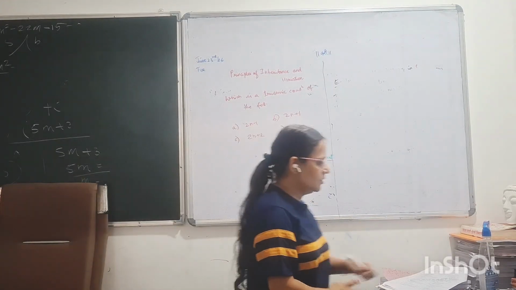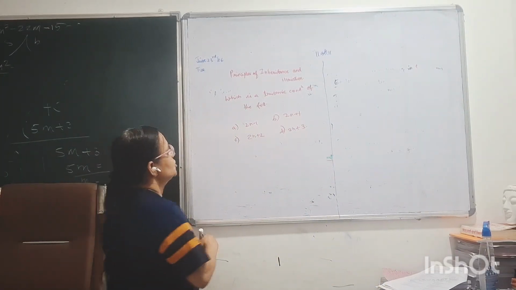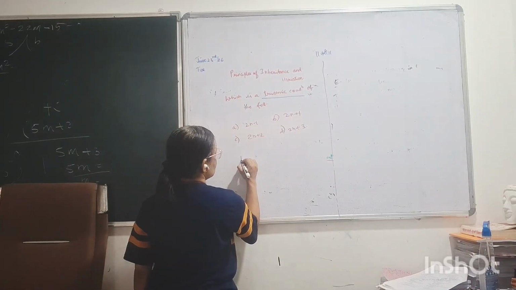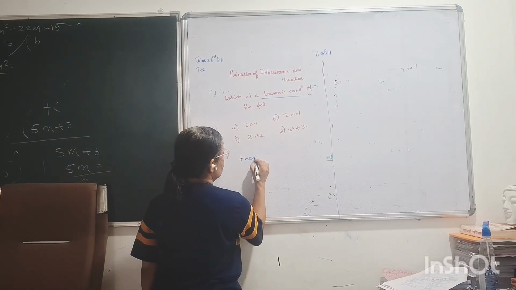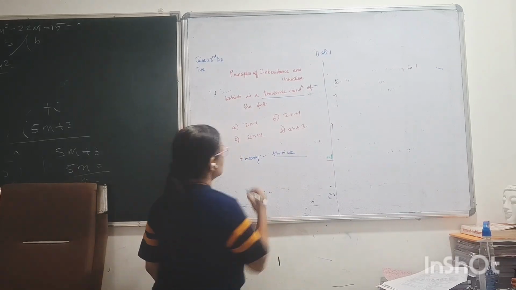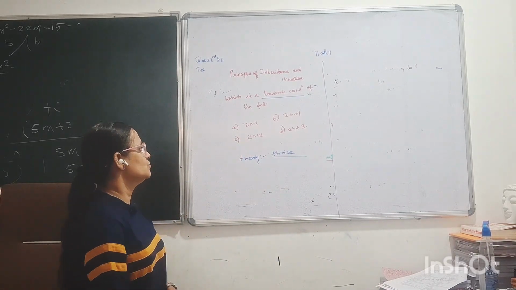So very simple, we have to find out which of these combinations shows the trisomic condition. Tri means 3, so trisomy means we are going to have thrice the number of chromosomes. This you must understand, right? Thrice the number of chromosomes.